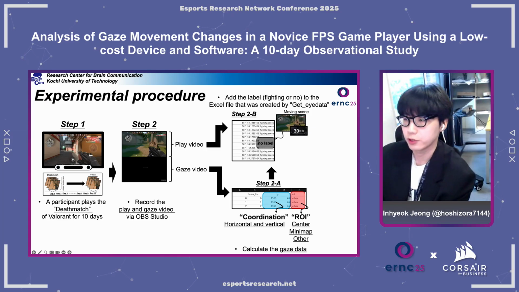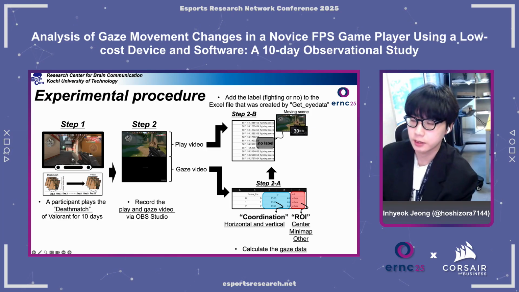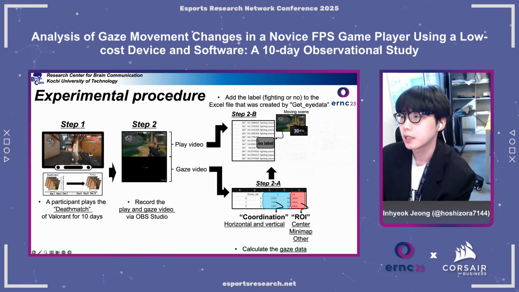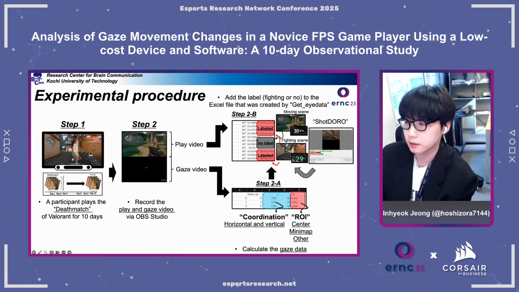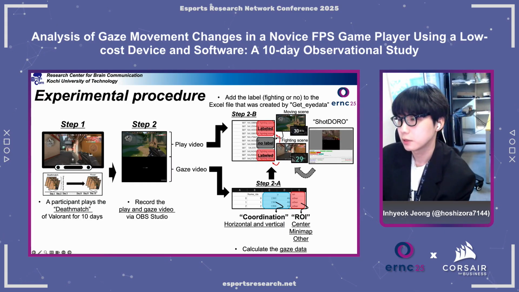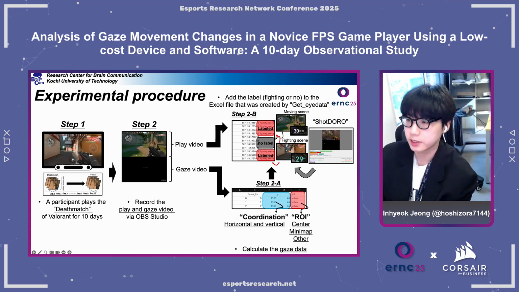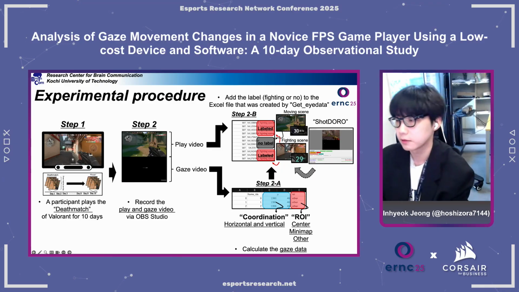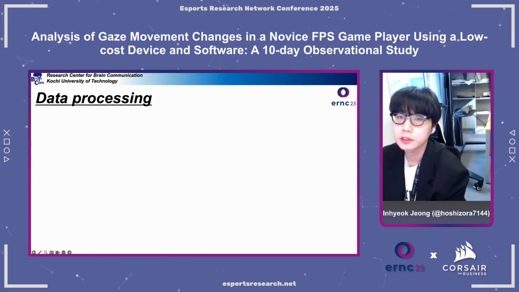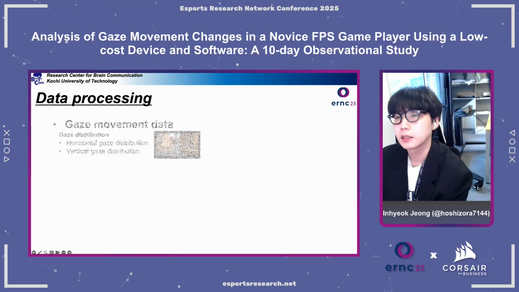When the ammo did not change, this program did not attach any label. And when this program detects the change of ammo, the label fighting scene was added in the Excel file. So this is the processing of the data.